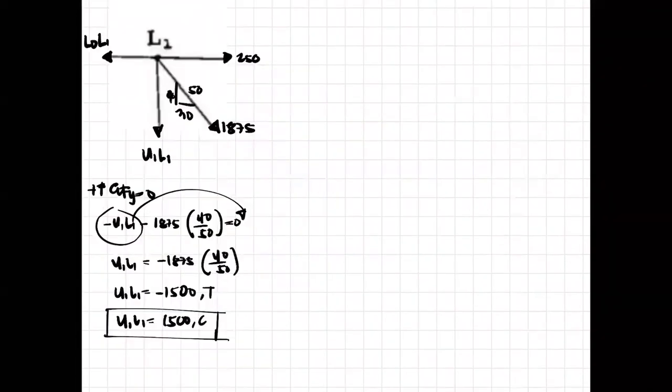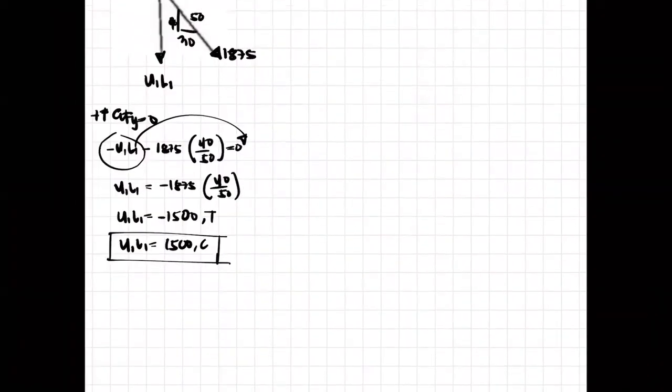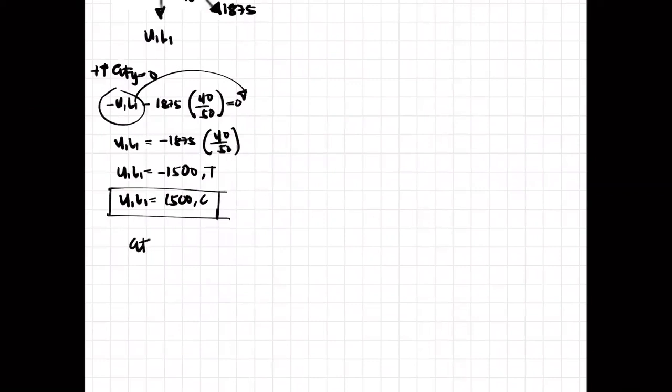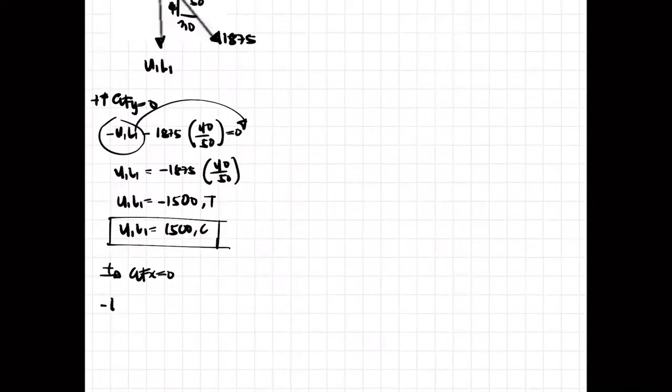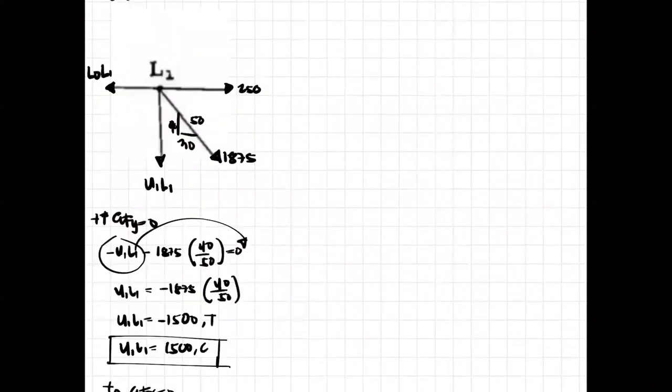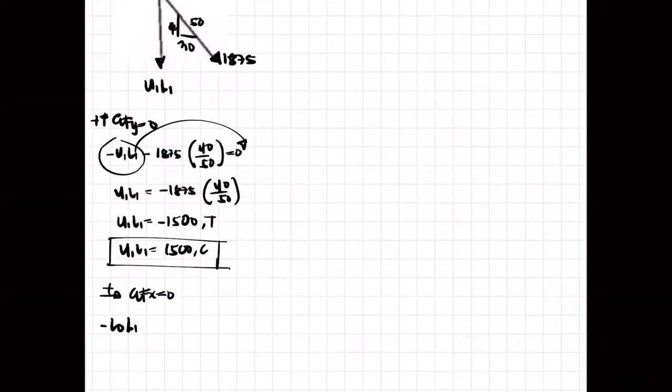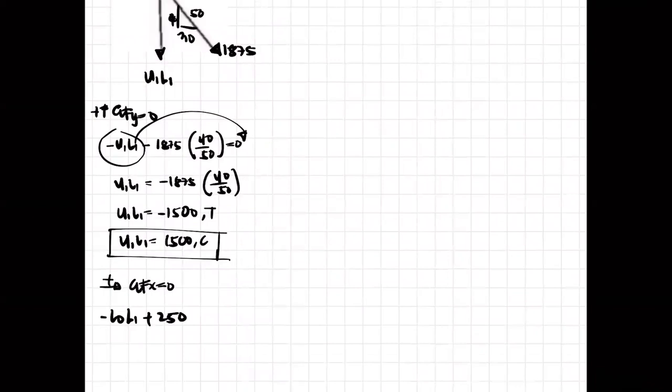Next is summation forces X is equal to 0. Going right is positive. We have negative L sub O, L sub 1, positive 250, and then positive 1875 30 over 50 is equal to 0.